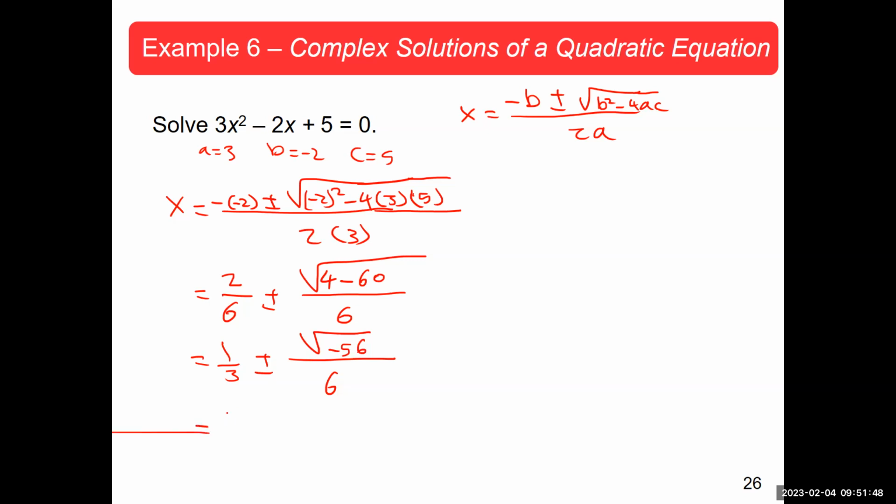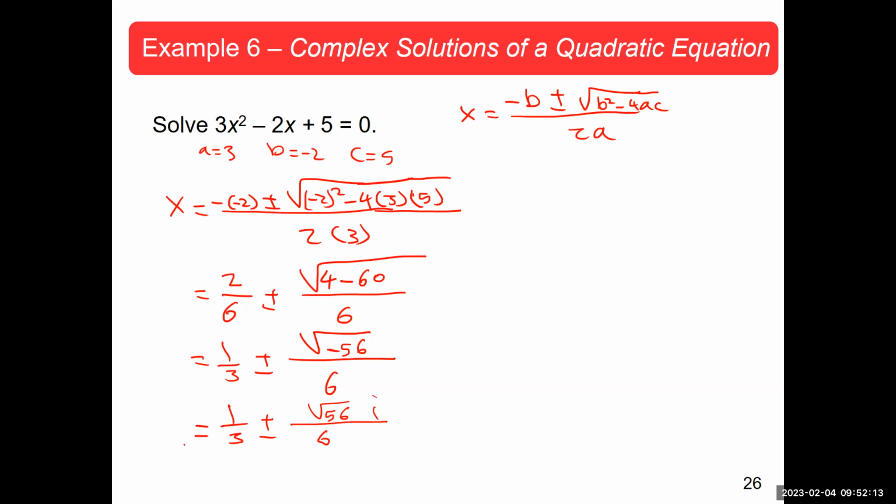Equal 1/3 positive negative 6 square root of 56i. You know, all we do is convert this negative to be i. That's it. That's your solution.